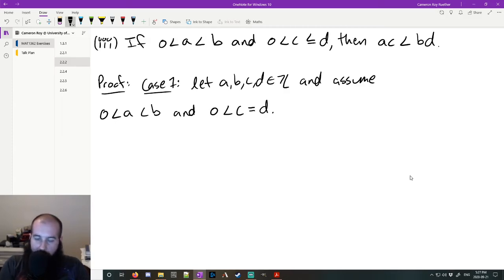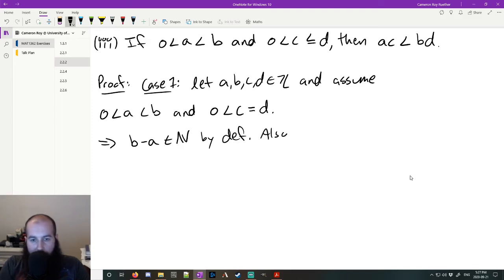So since c is equal to d, we can just use one symbol for each of them. It's just 2 different names for the same integer. Now we can unpack what this means. A is less than b means that b minus a is a natural number by definition. But also, c greater than 0 means that c minus 0, which is equal to c, is a natural number.